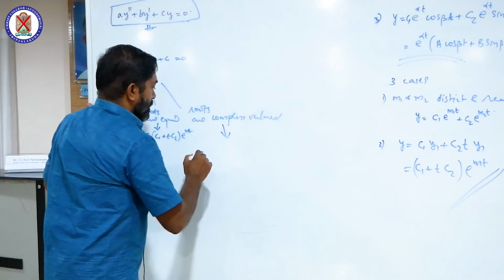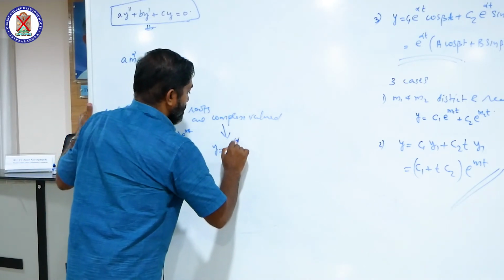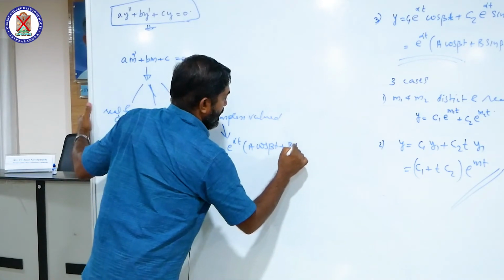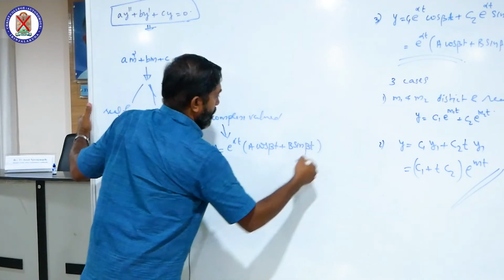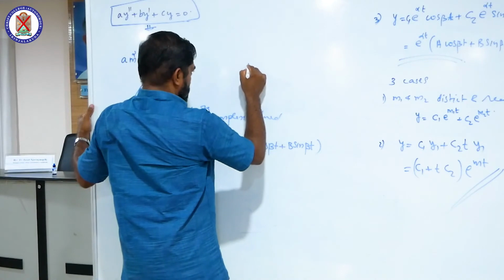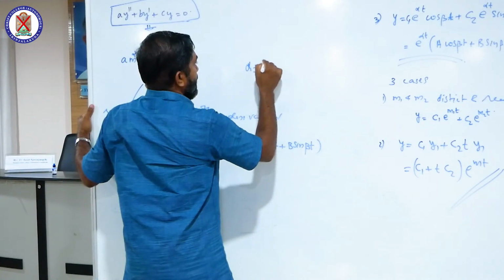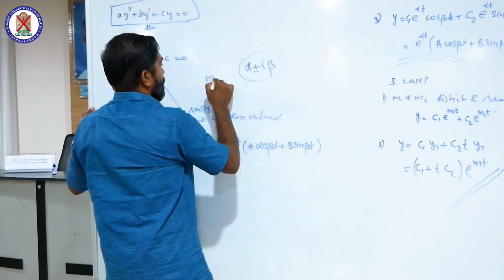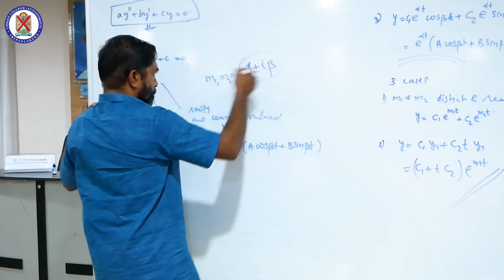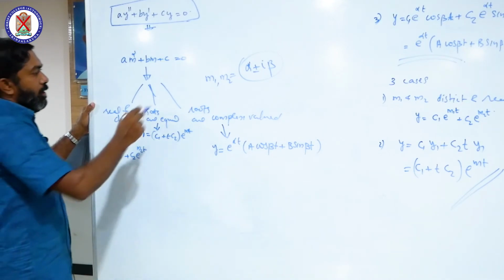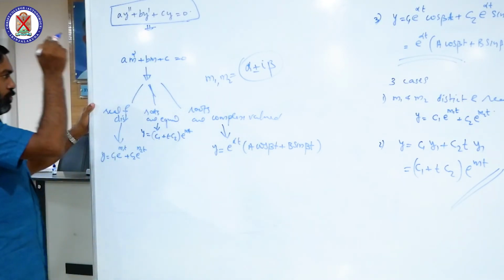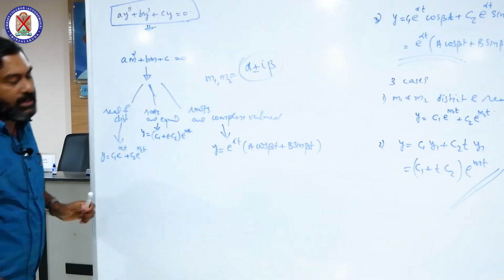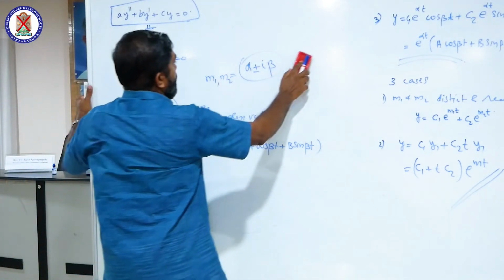And in the third case, y equals e raised to alpha t into a cos beta t plus b sin beta t, where alpha plus or minus i beta are the roots m1, m2 of the auxiliary equation. Okay, so using this discussion, we can solve any second order linear differential equation of this form.